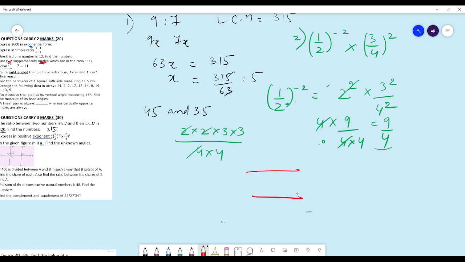So there are two parallel lines and a transversal moving across it.